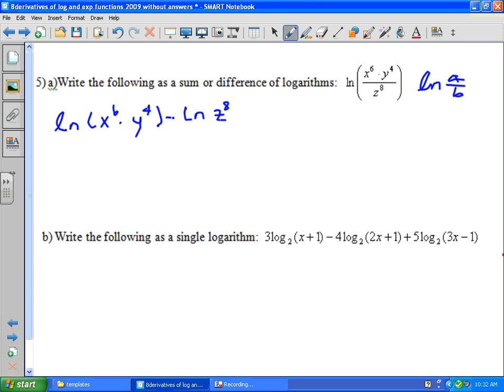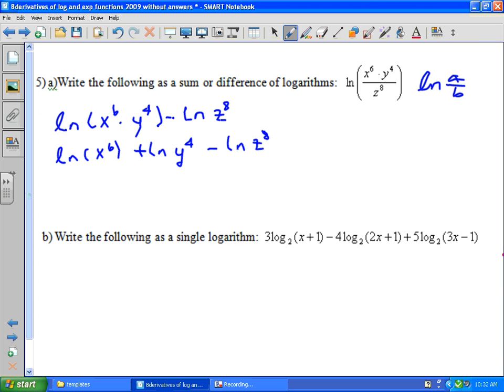So you can expand this one further as saying ln of x to the 6 plus ln of, I don't even need parentheses, y to the 4 minus ln of z to the 8. And you know what? Once you've done enough examples, you don't even need that intermediate step that I put down. Once you see the product on the top, you're going to write it as ln x to the 6 plus ln y to the 4.